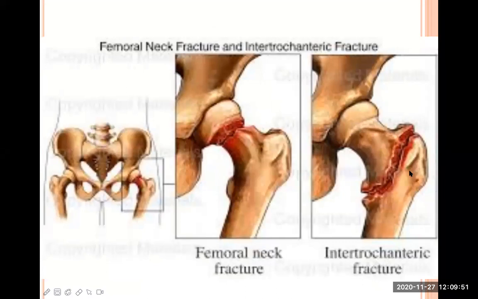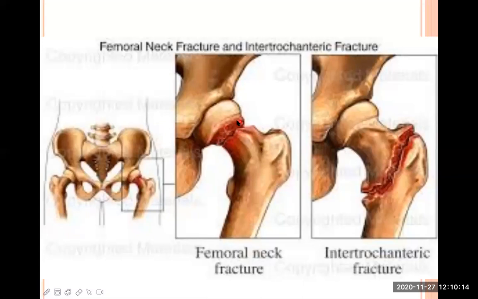Now some other diagram. See there, there is a fracture. Which type of femoral neck fracture is this? Just tell me by looking at the picture, which type is this? This one which I'm showing right now. Subcapital. Excellent.